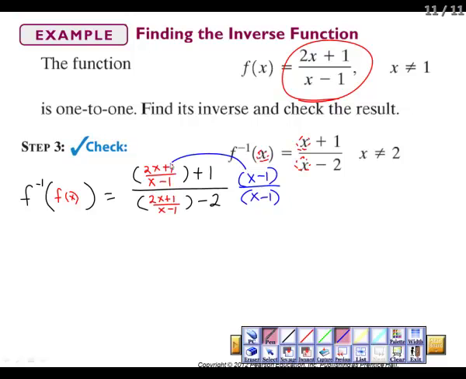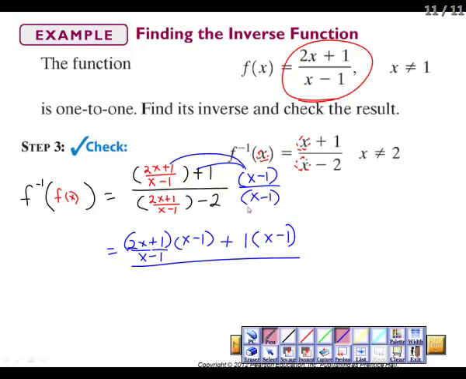And then we're going to distribute that, right? So that'll be 2x plus 1 over x minus 1 times x minus 1, plus 1 times x minus 1. And that's going to be over, and we're going to do the same thing here.